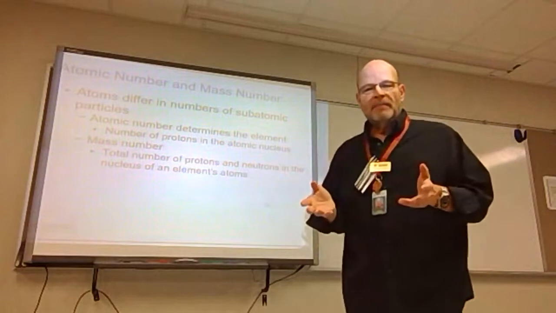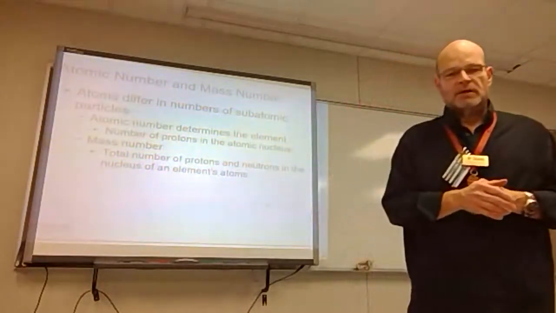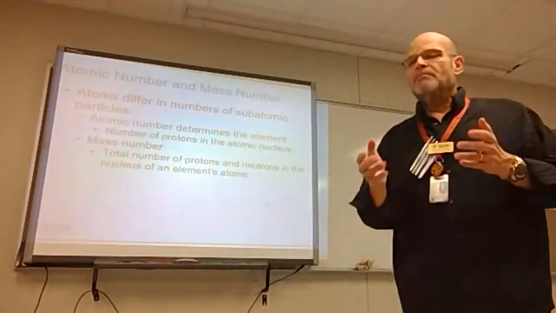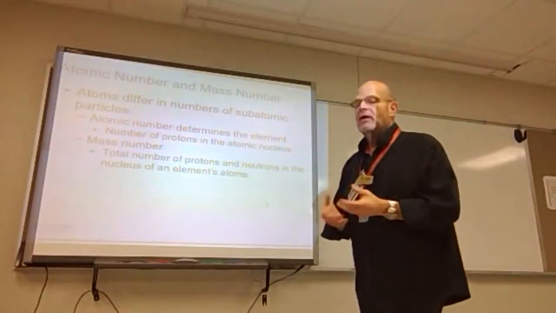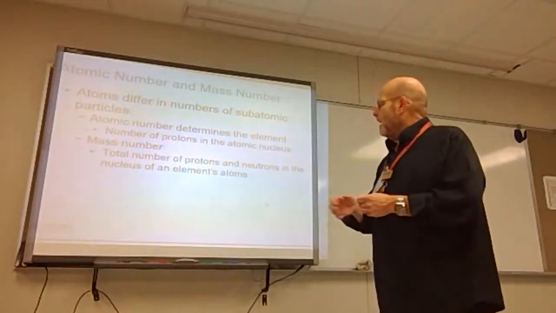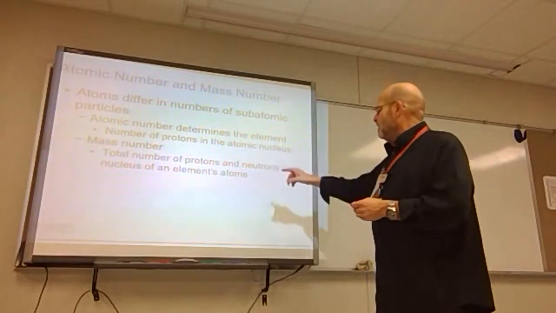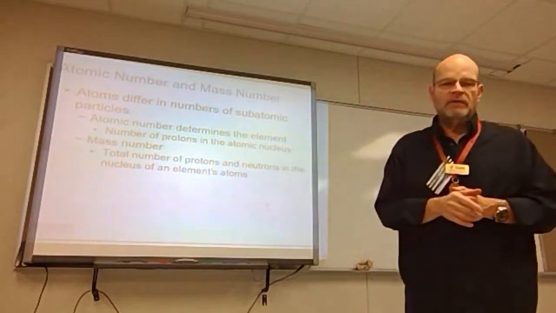If you need to know how many neutrons there are in a particular element, you look at its atomic mass. The mass number is calculated by taking the number of protons and the number of neutrons found in the nucleus.